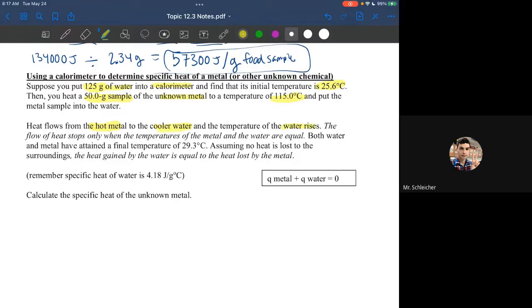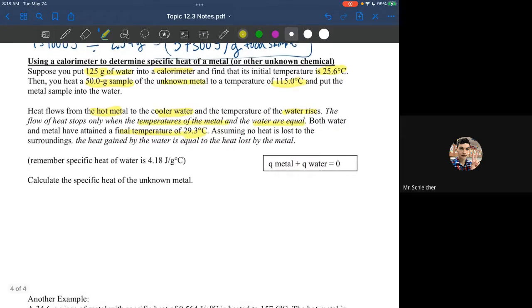The flow of heat stops only when the temperatures of the metal and the water are equal. Both the water and the metal have attained a final temperature of 29.3 degrees Celsius. Now, assuming no heat is lost to the surroundings, outside of the calorimeter, the heat gained by the water is equal to the heat lost by the metal.